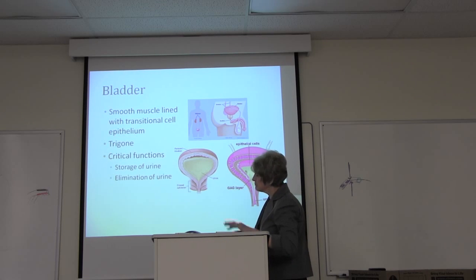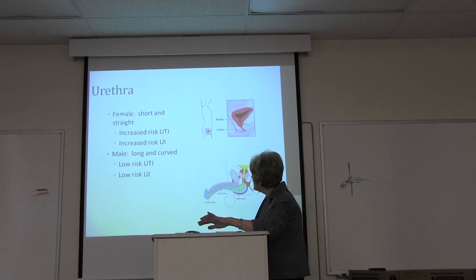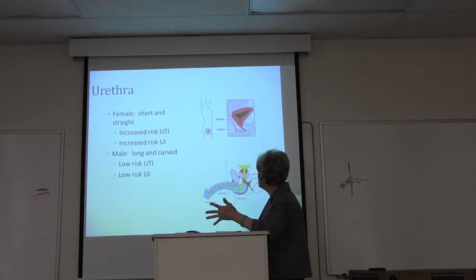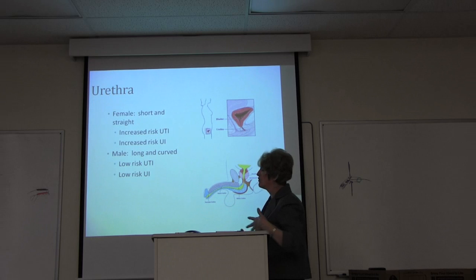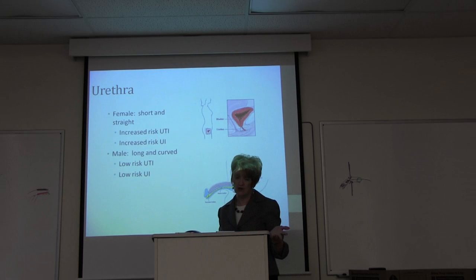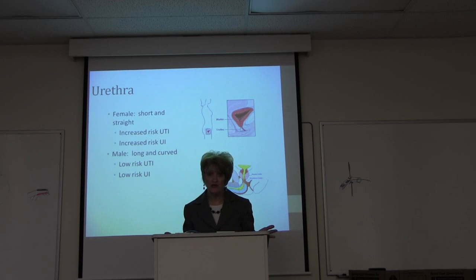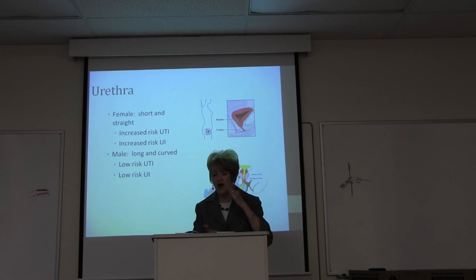And then, the last thing is just the urethra, and again, we'll talk about this a lot more when we get to the module on continence. But we know there's major differences between the male urethra, female urethra.